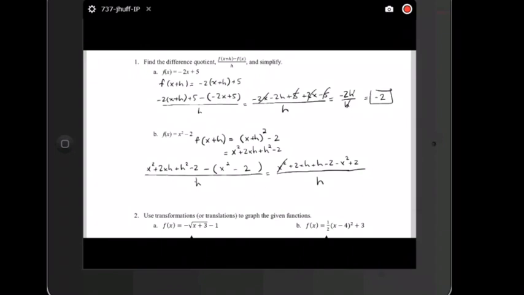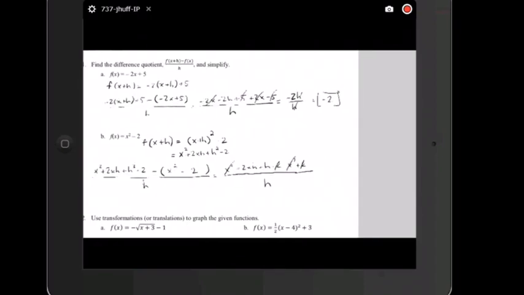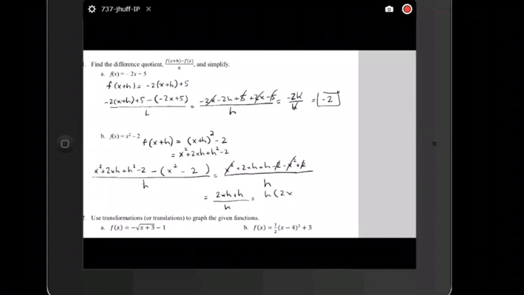Now the x squareds would cancel, minus 2, positive 2 would cancel. So then we have 2xh plus h squared divided by h. If we factor out an h from the numerator, actually that should be an h squared right there.